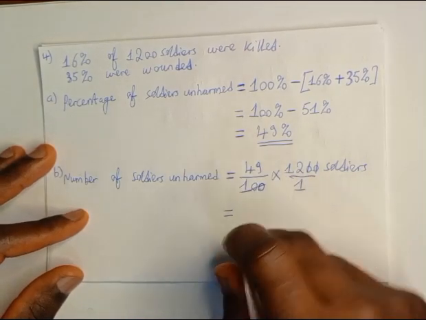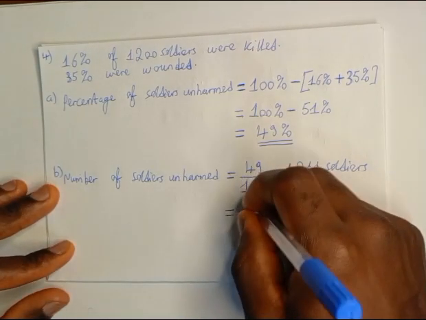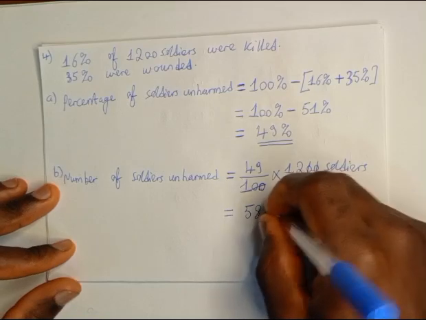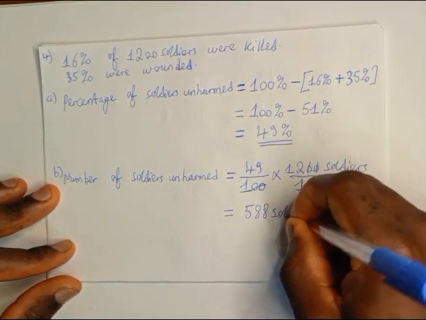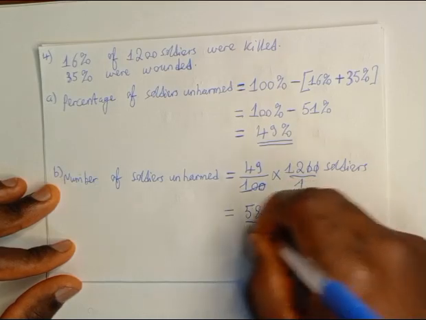This will simply be equal to 49 times 12, which gives us 588 soldiers. So the number of soldiers who were unharmed.